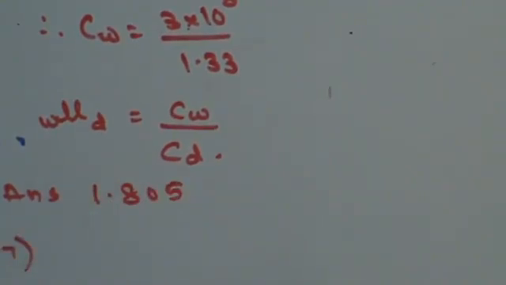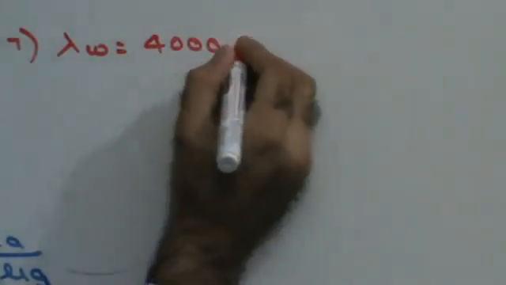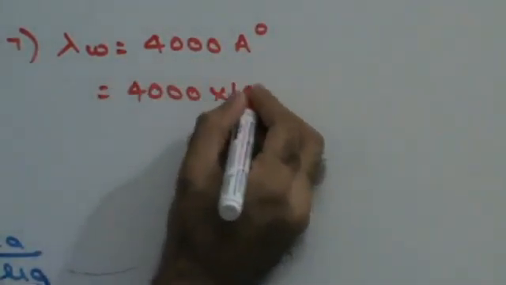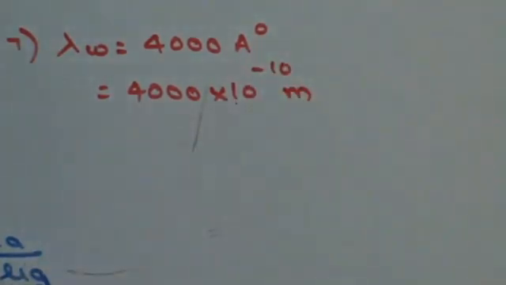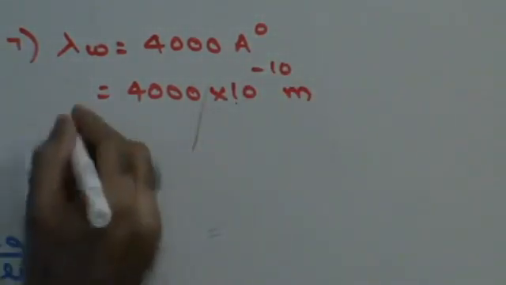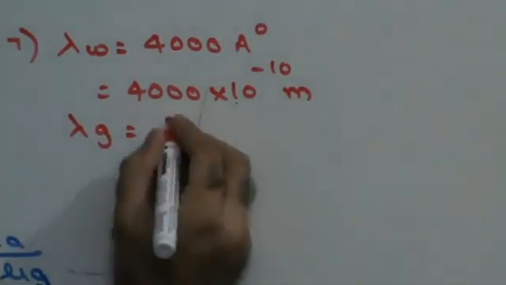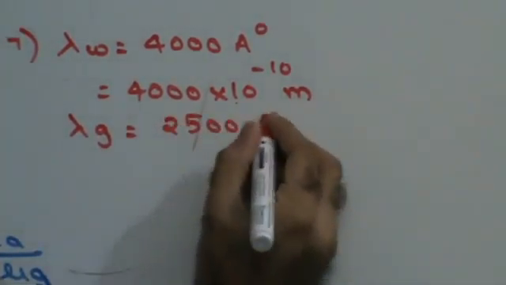Next, let's see another sum. Wavelength of light in water is 4000 Armstrong units, and in glass is 2500 Armstrong units.